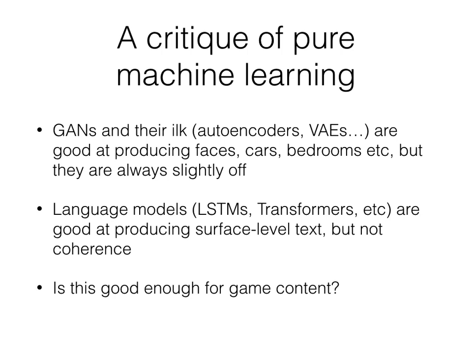But when you dig into it, there isn't really coherence at the end of it. So the question is, are these methods good enough to generate game content? Or does game content have the kind of properties that make it amenable to machine learning generation?